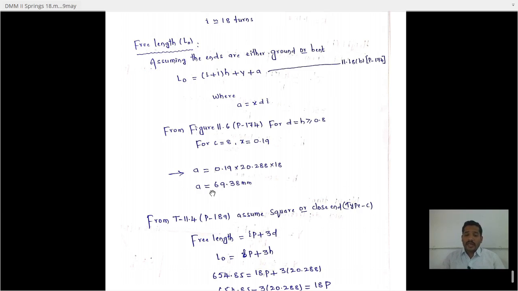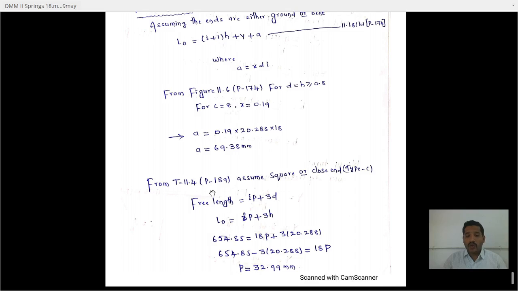After getting the clearance value between the coils, we have to go to table number 11.4, page number 189. Then we need to assume square or closed ends, and we have to consider it. So it is a type C. We know very well the free length should be equal to I, the total number of coils, into pitch plus 3 into D. From this we can easily find out the value of pitch.